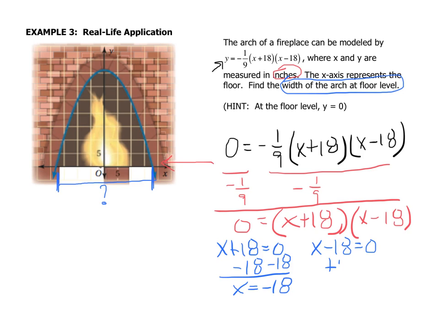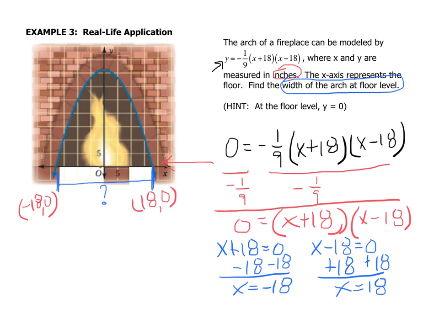I would be adding 18 to both sides to get x equals 18. So that is the two solutions. What that is telling me is this point here is negative 18, 0. This point is positive 18, 0 at my floor levels.